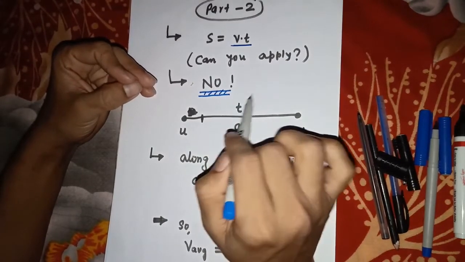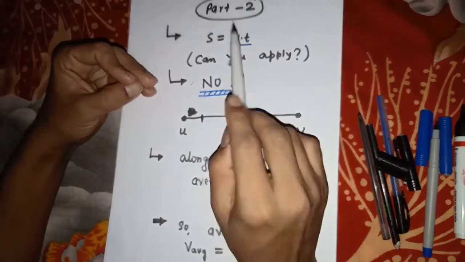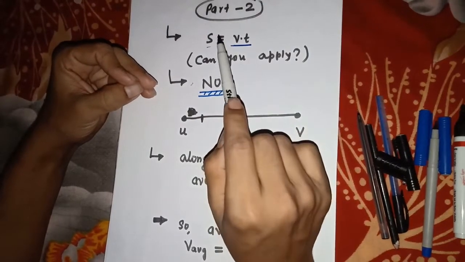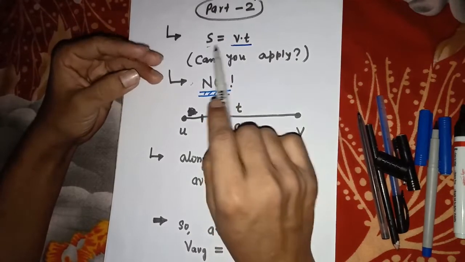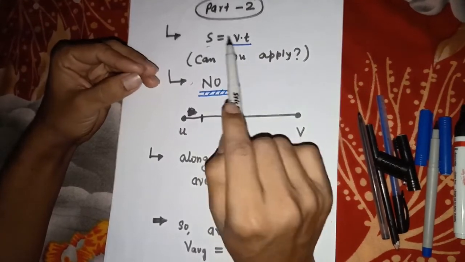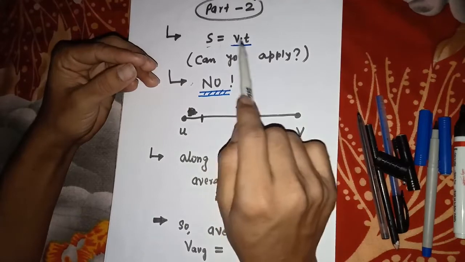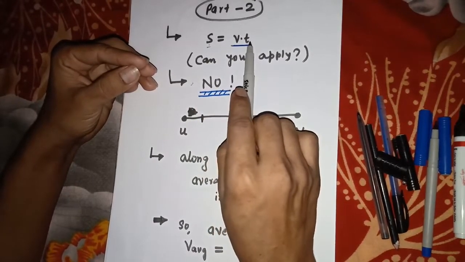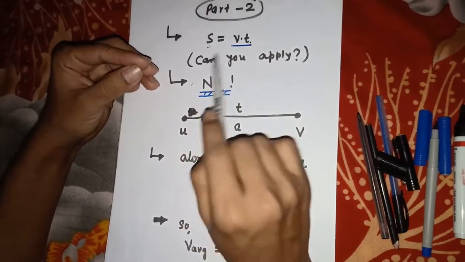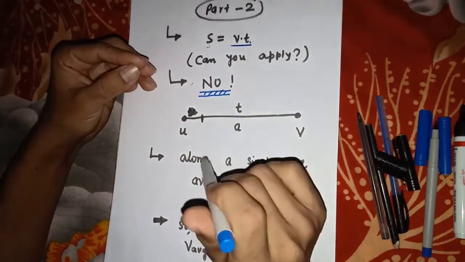But here velocity is not constant, so you cannot apply this formula. And I have already told you that in a straight line where direction is fixed, distance is equal to displacement. So I can say displacement equals velocity into time, but you cannot apply this formula in this case.